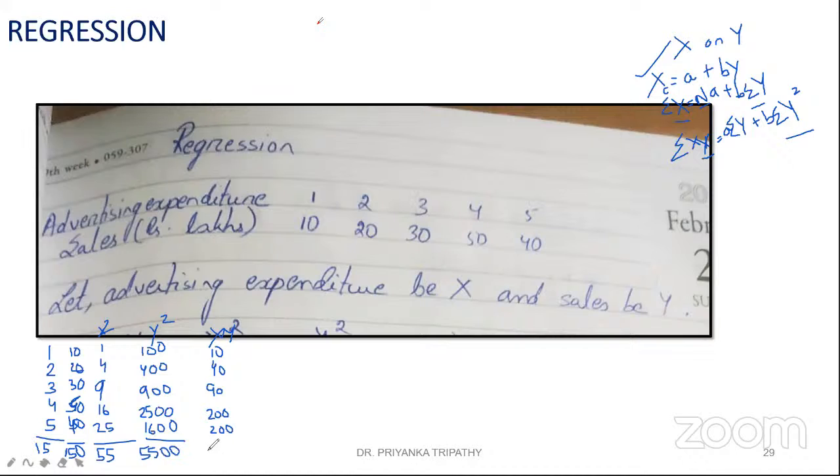And I will be finding the value for xy. Did I do any mistake somewhere? Any mistakes in calculation? Just check it, cross check.